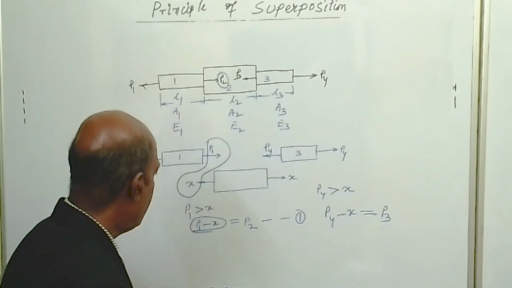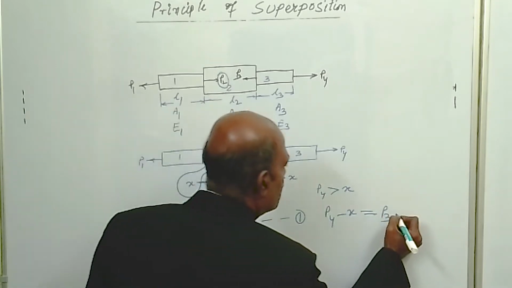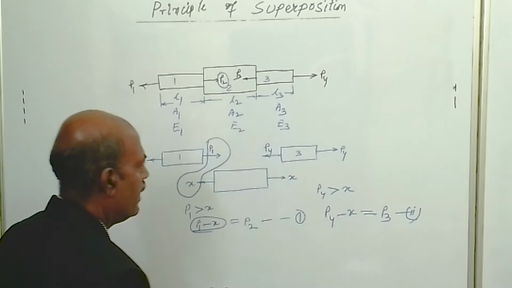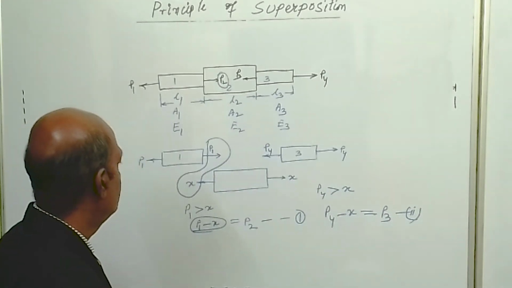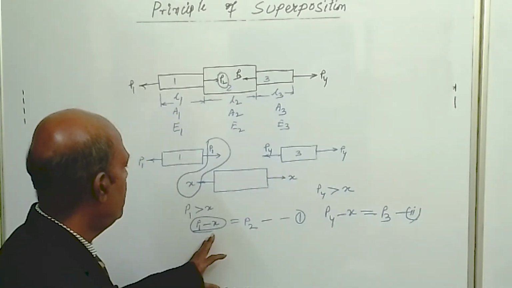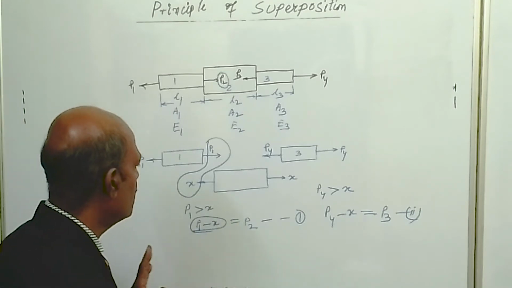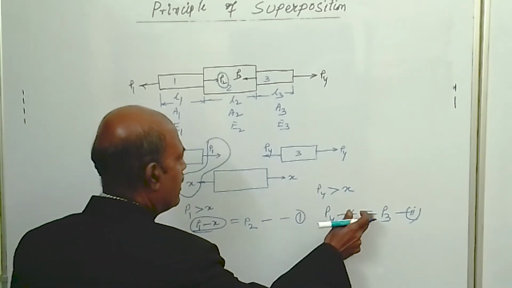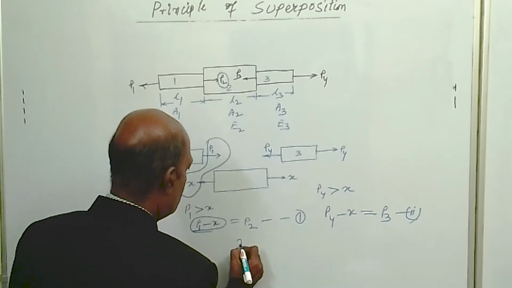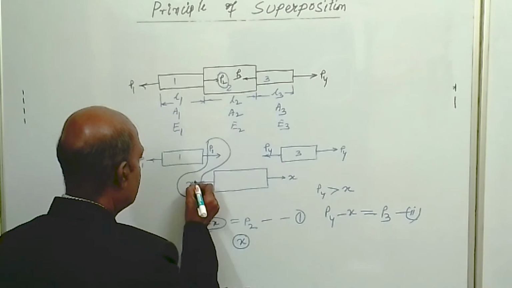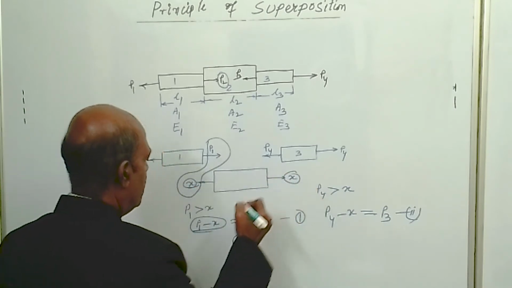From here, by solving these two equations, we can get the X value. Once this becomes X, this also will become X.